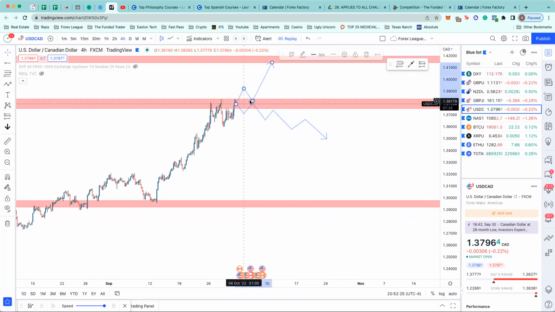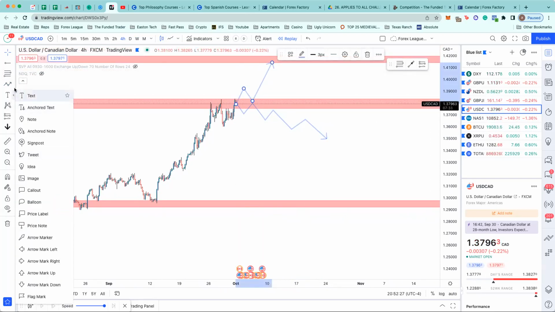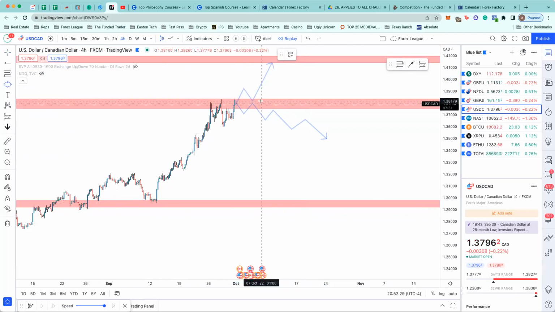So we would not be taking any entries unless price does either this, we'll just move this one down here, or we would enter more in this area if price does move to the downside.